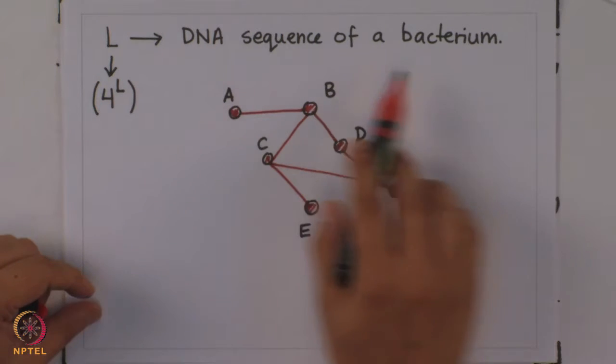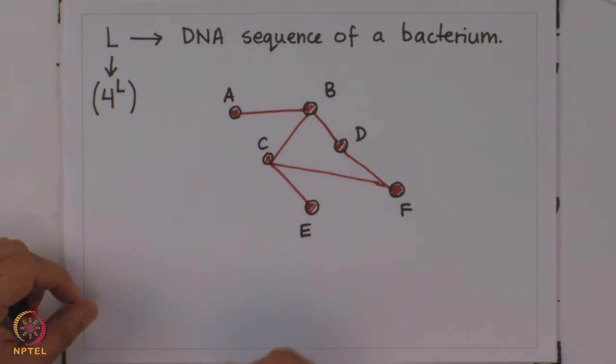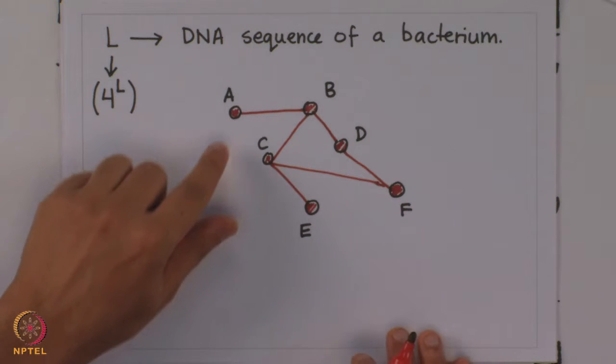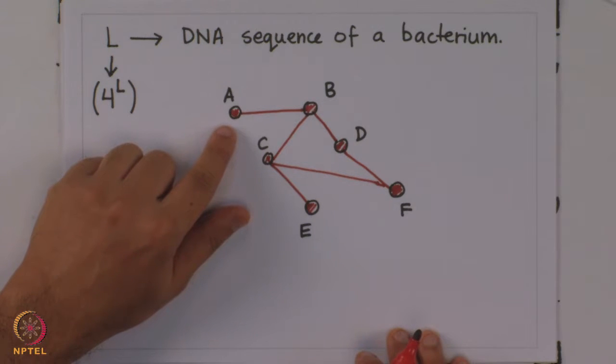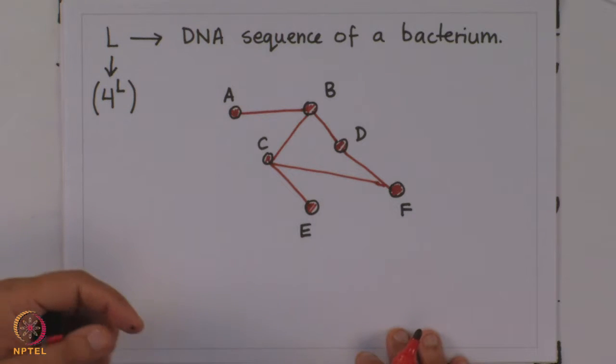Because L is a DNA sequence of a bacterium, every sequence is going to have a corresponding growth rate associated with it. If I had a bacterium whose DNA sequence corresponded to the sequence at node A, that bacterium would have a growth rate associated with it.